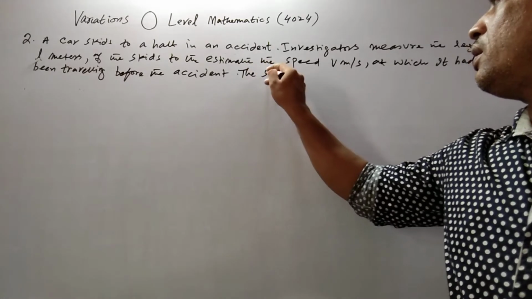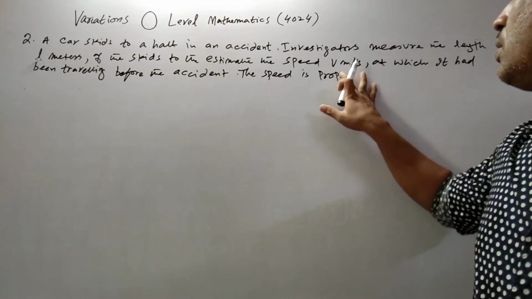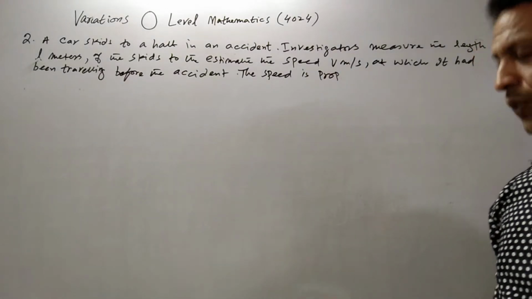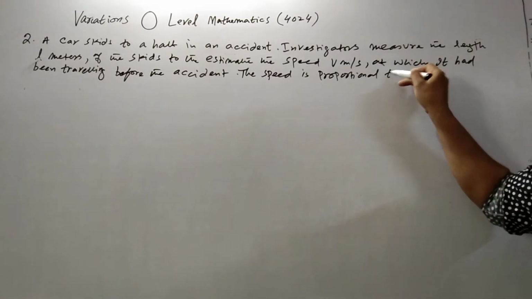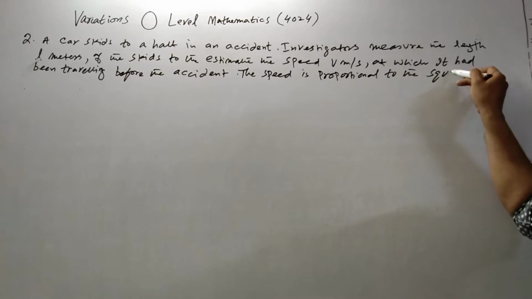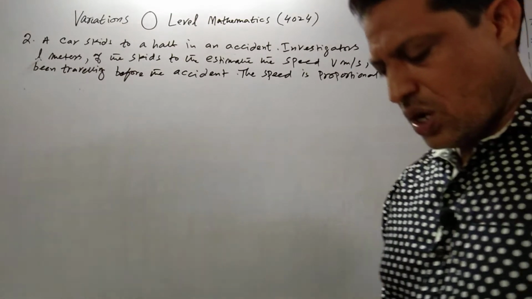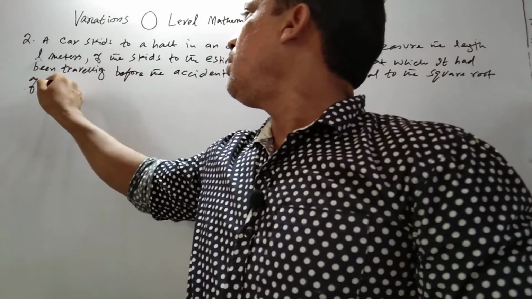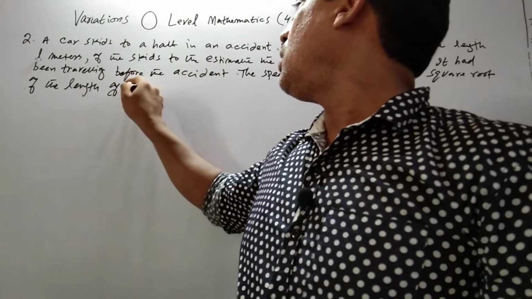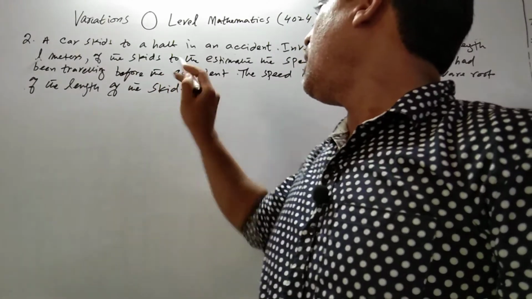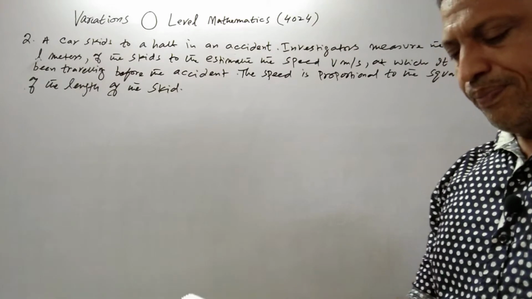The speed is proportional to the square root of the length of the skid.